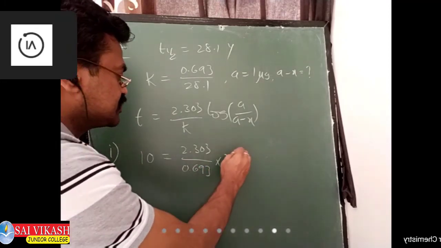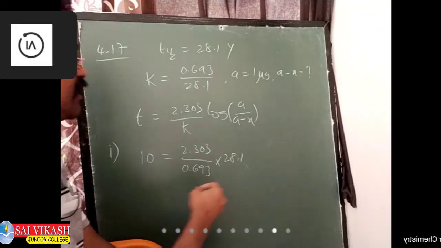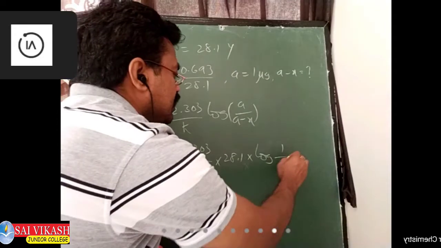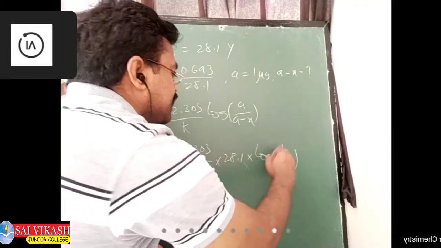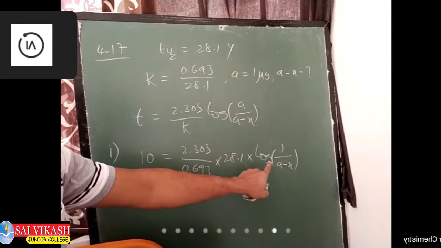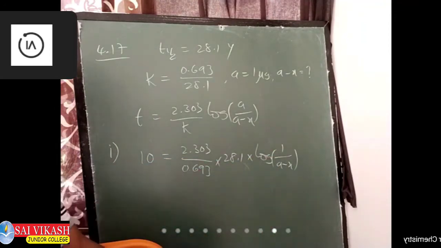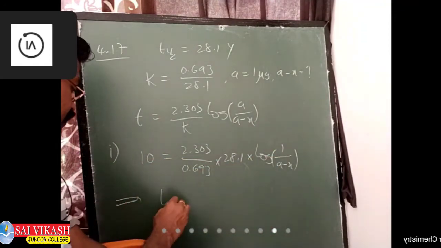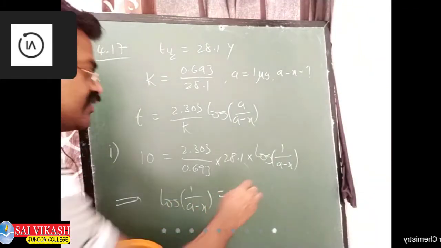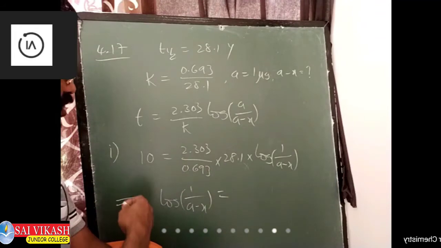So this is into 28.1, into log of a, how much? 1 microgram by a minus x, we want it. So first of all, find out the log of 1 by a minus x value, by cross multiplying.